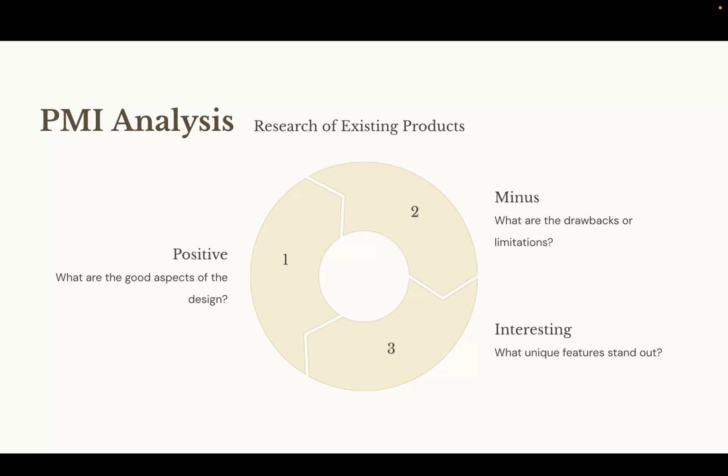It helps us critically evaluate the design ideas. For positive, what are the good aspects of the design? For minus, what are the weaknesses or limitations? And interesting will be the unique features that stand out. By breaking down designs in this way, we can better understand what works and what doesn't.